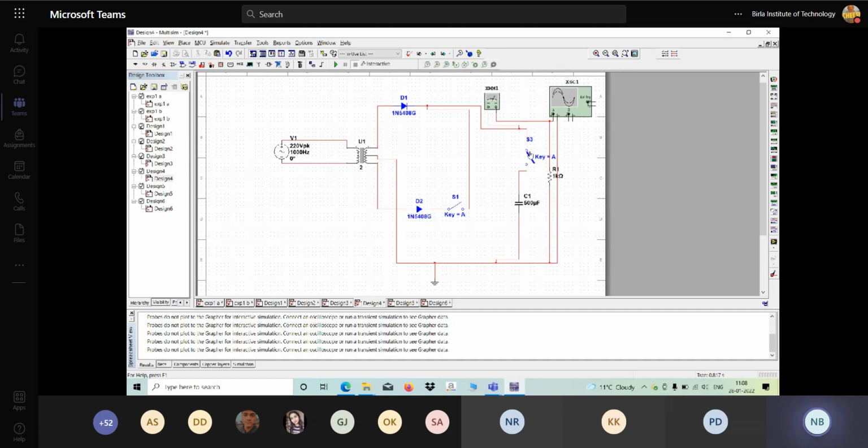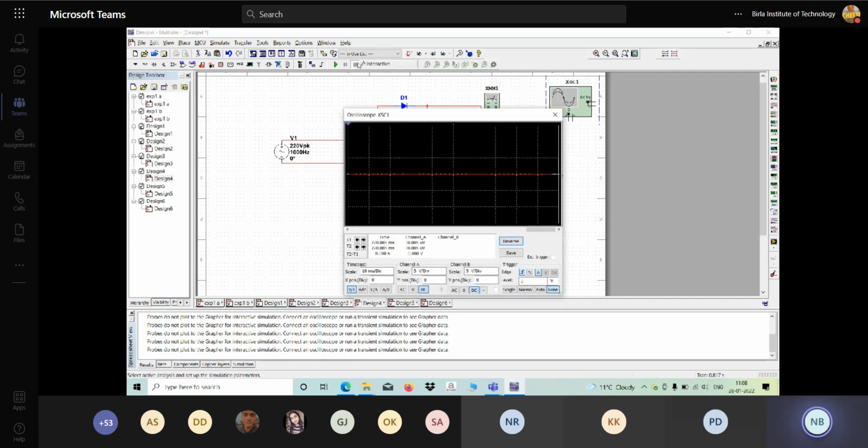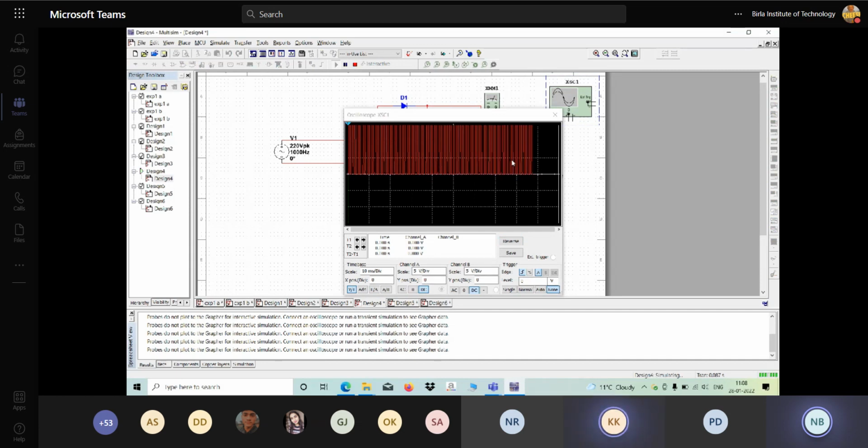Just double click on your multimeter XMM1 and select it as the ammeter, on that A. It is in the voltage mode. Now you run it. You have to run this signal. Just change the time base scale.